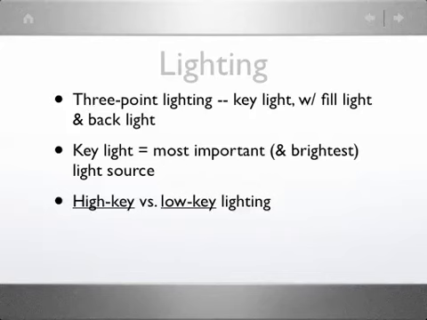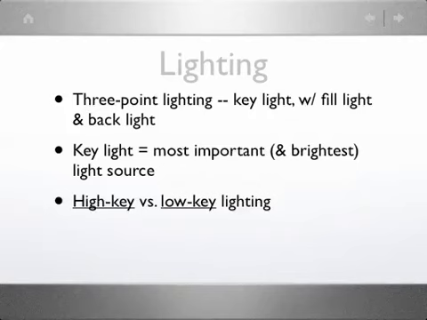High key lighting is just lighting where the key light is very bright, and in general the level of illumination is such that there are really no areas that are in shadow. There's bright light across the film image, and there aren't really any areas that are in any shadows at all.